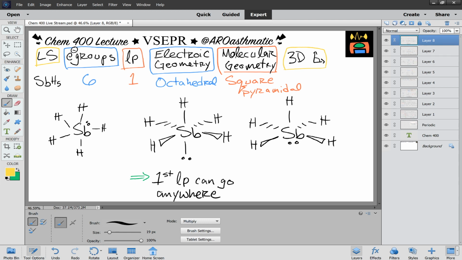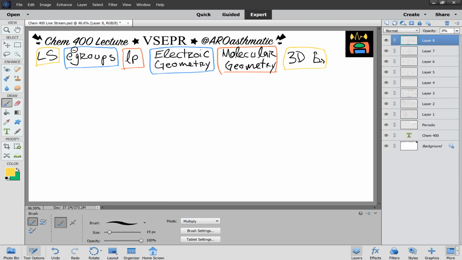The presence of that lone pair pinches down our bond angle, so it's not a pure 90 degrees, just like we see whenever we add a lone pair. All right, so an octahedral electronic geometry with one lone pair is a square pyramidal molecular geometry. All right, now we have one last geometry to look at, and then we have all of VSEPR under our belt.